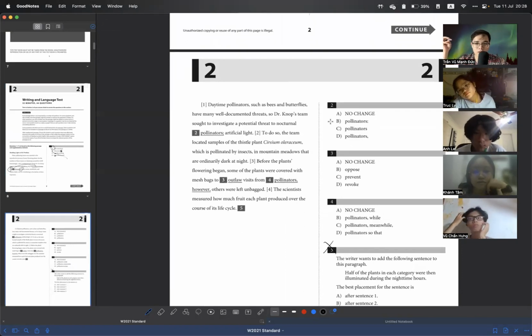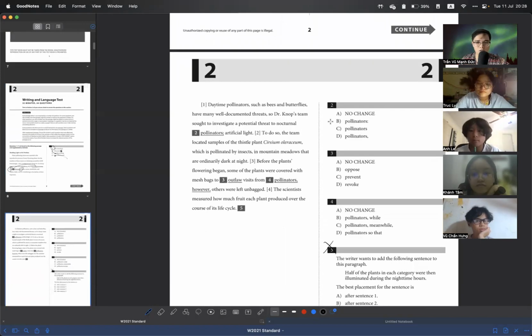All right, next up is Hung. Can you tell me what the second one is? B, pollinators and colonies. Yes, exactly. I believe we have done this already, so I'm just going to gloss over. Three. How about this, An? C. Let's see.